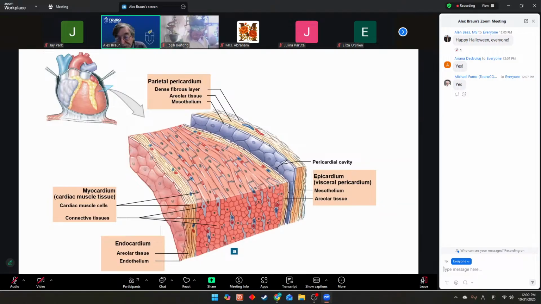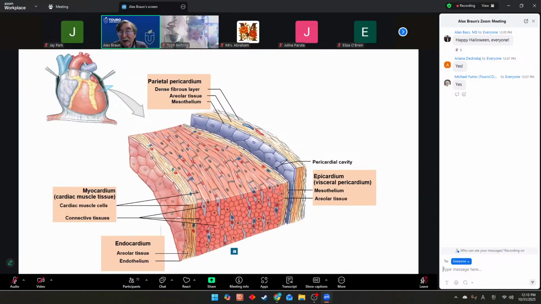So one of the principal purposes of the pericardium, notably the mesothelial cells lining the inner surfaces of the pericardial cavity, is to secrete a lubricating fluid so that when the heart beats, friction does not interfere with the heartbeat as there's motion between the visceral and parietal layers of the pericardial sac during the beating of the heart.